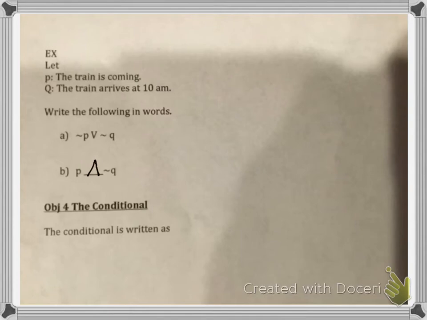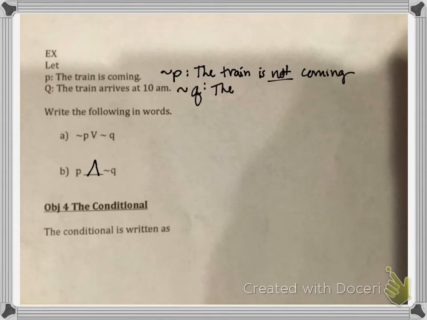Okay, so the negation of P, I'm going to write it up here. The negation of P is the train is not coming. And I'm going to write the negation of Q as well. The train does not arrive at 10 a.m. Okay, now let's write this up.